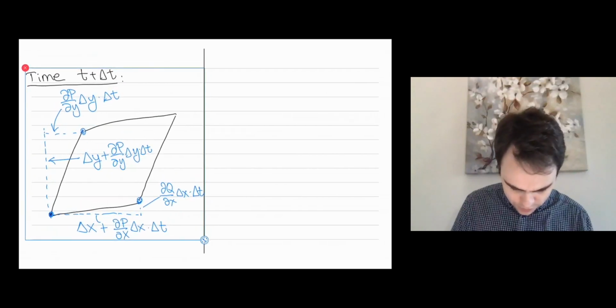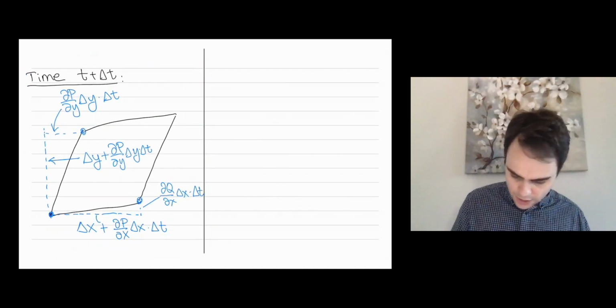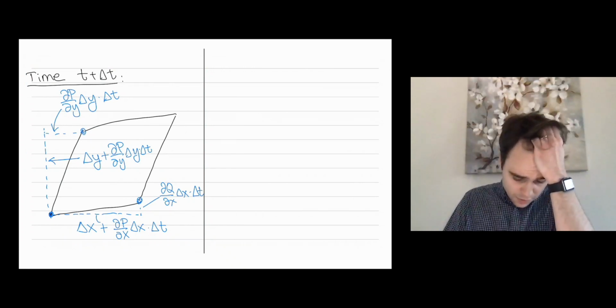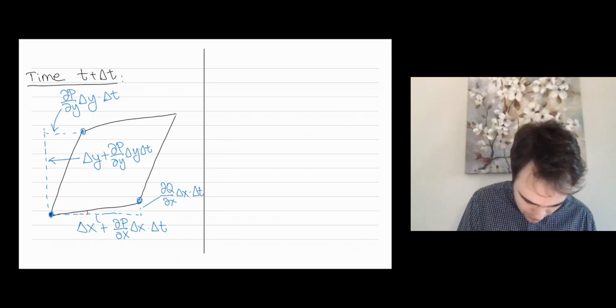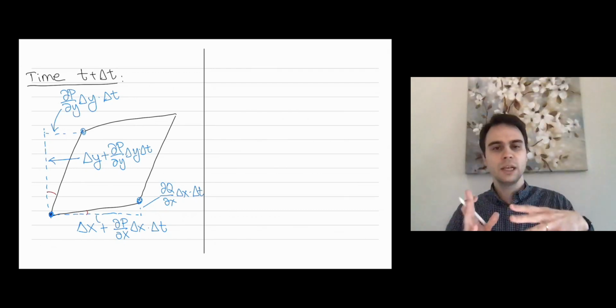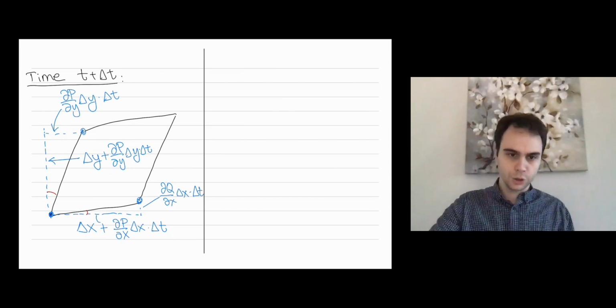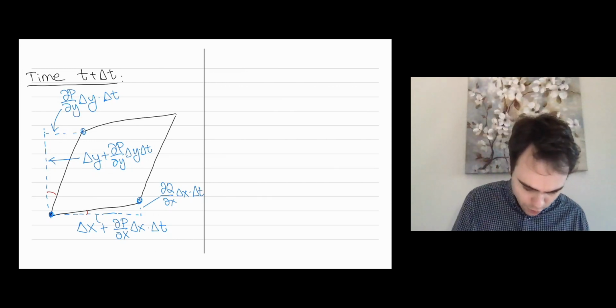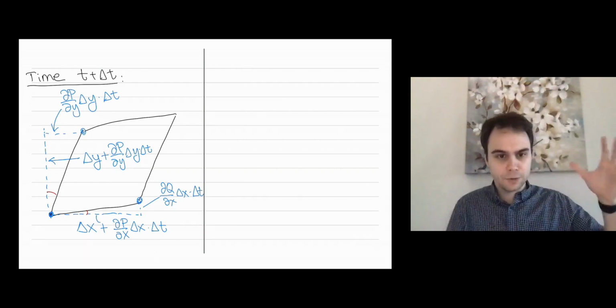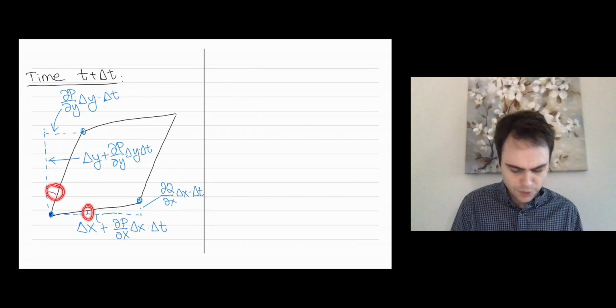So let's work out how much this thing rotated. You see, the movement is not a solid motion. To the contrary, you see different parts of the object rotated by different degrees, right? This right angle is different from this right angle.